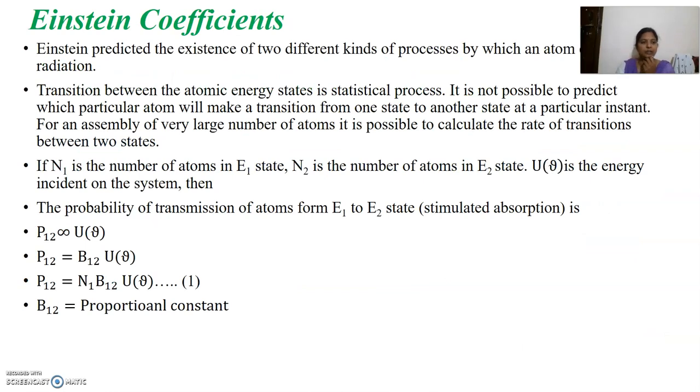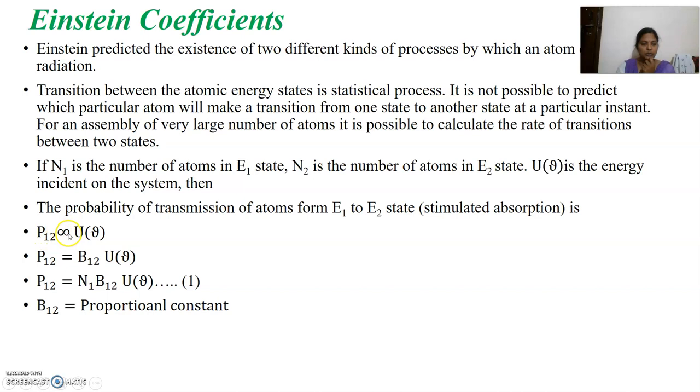Now we will get to the derivation of Einstein coefficients. Let us take N1, N2 as the number of atoms in the ground state and excited state, and U of nu as the energy density of the incident photon. This is the equation for absorption. Let P1 to 2 be the rate of absorption; we take 1 to 2 because the atom is going from the ground state to the excited state.